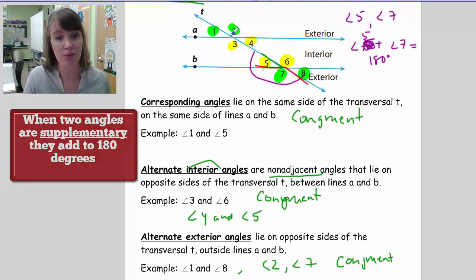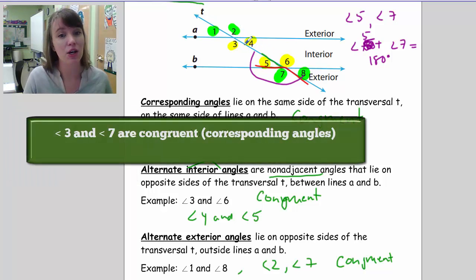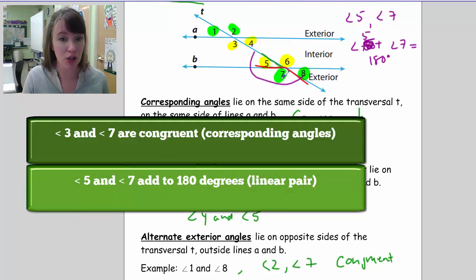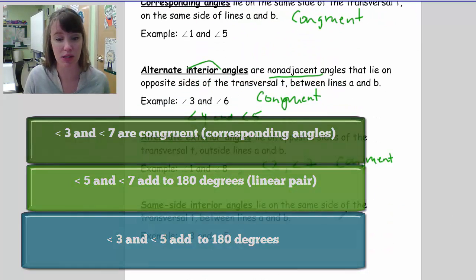So looking at same side interior, I know that 3 and 7 are equal, and I know that 5 and 7 are supplementary. So now what I also know is that angle 3 and angle 5 together are supplementary, meaning that they add up to 180 degrees.